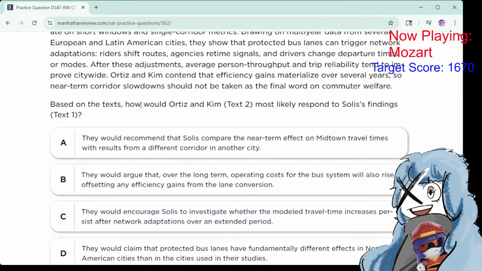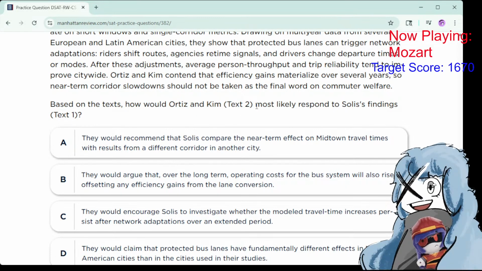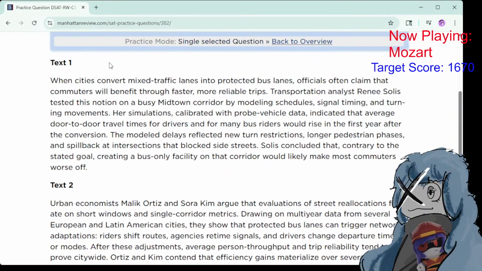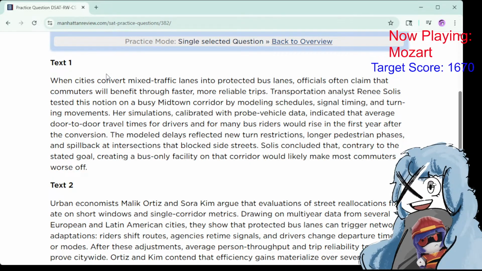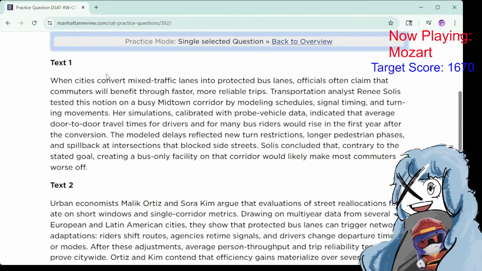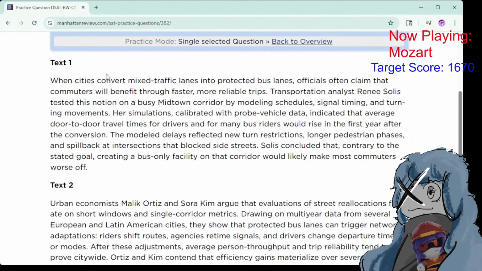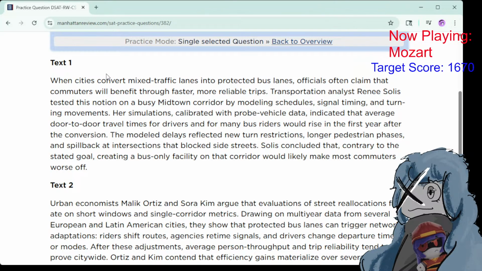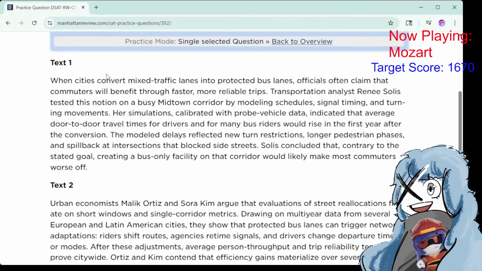Based on the text, how would the findings from Text 2 allow you to respond to Solis's finding from Text 1? When cities convert mixed traffic lanes into protected bus lanes, officials often claim that commuters will benefit through faster and more reliable trips. Transportation analyst Renee Solis tested this notion on a midtown bus corridor by modeling schedules, signal timing, and turning movements.